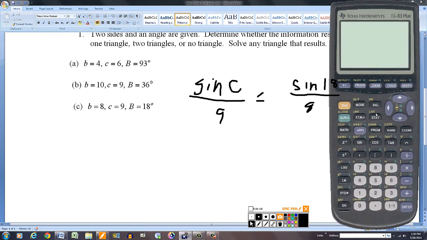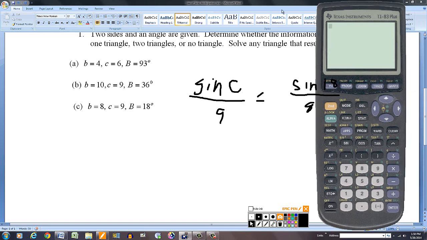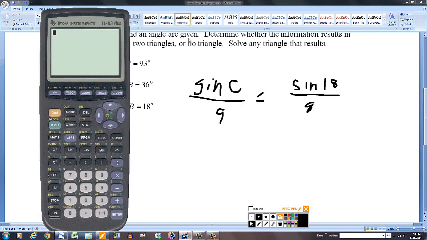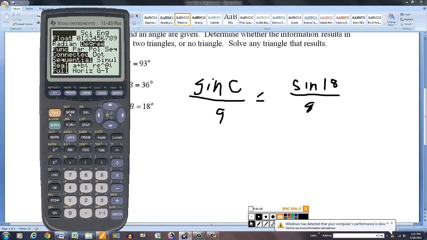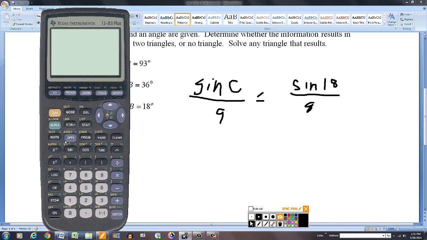Get my calculator then, and we're just going to divide this out. So turn the calculator on, and mine is set to degrees. We're working with degrees, so make sure you know what your calculator is set to. I'm just going to do the right side first: the sine of 18 divided by 8.